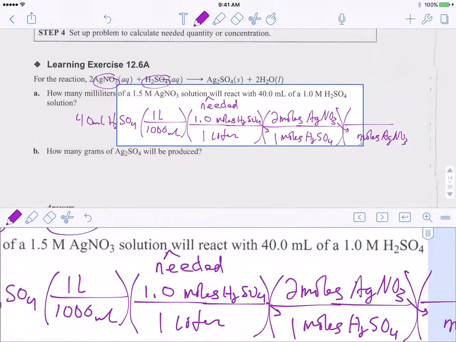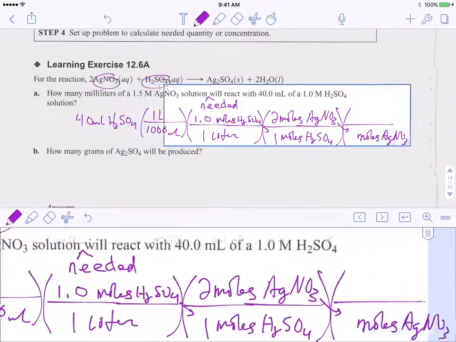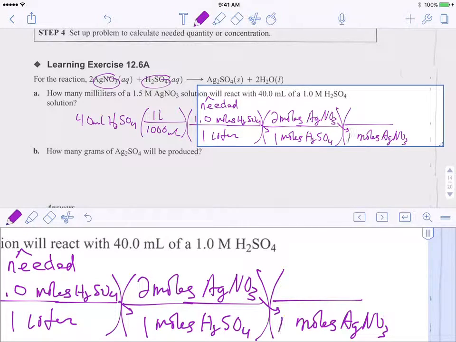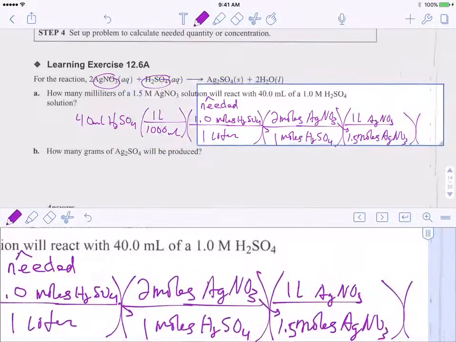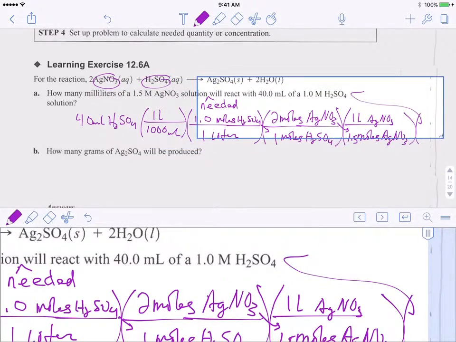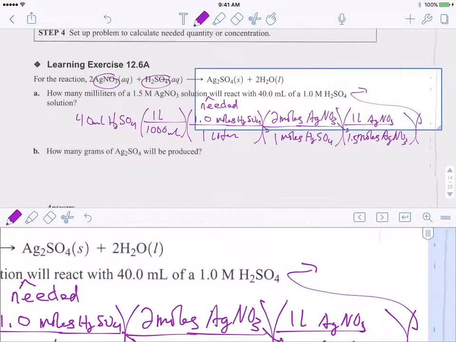So now I'm going to come back here. I have 1.5 moles per 1 liter. Oh, I'm running out of space. I'm going to go up. So now I'm left with liters. Now I'm asked to find milliliters, so I'm going to convert 1 liter is worth 1,000 milliliters.